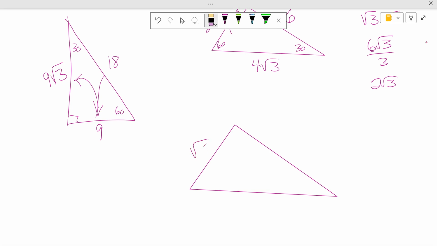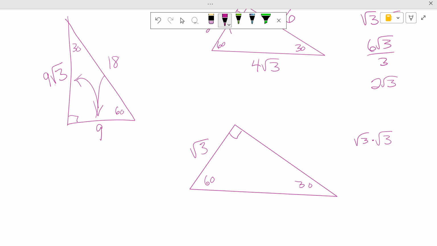No, I don't want to go square root of 27. Let's just go square root of 3. How about that? Okay, short leg is square root of 3. How do I get from the short leg to the long leg? Multiply by square root of 3.